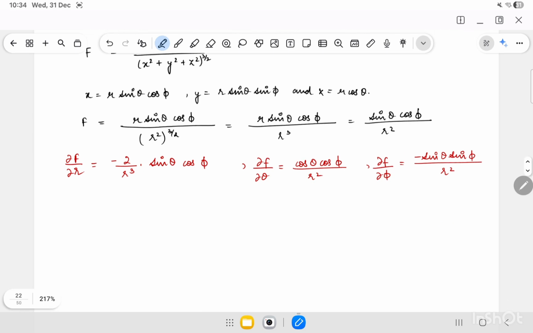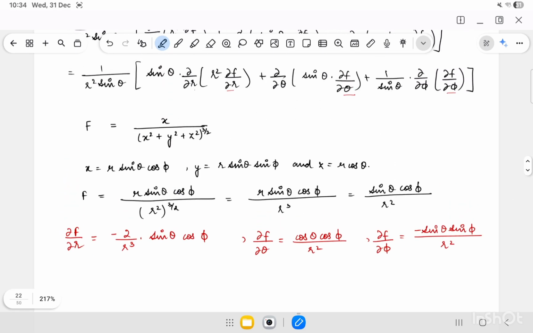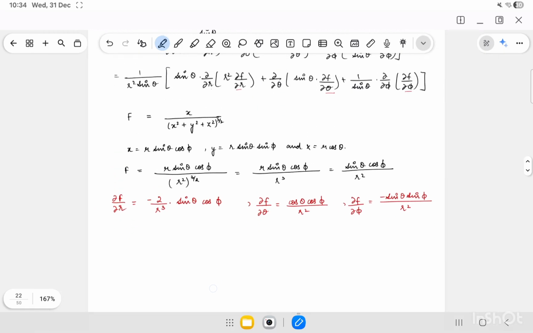Let's plug these values into the formula that we evaluated.